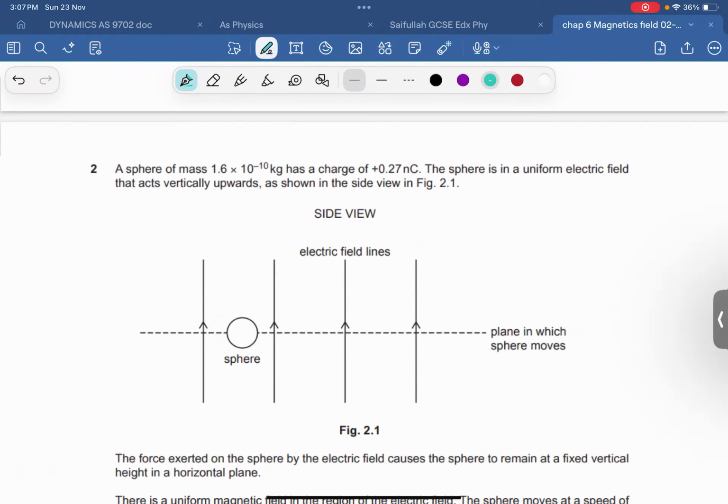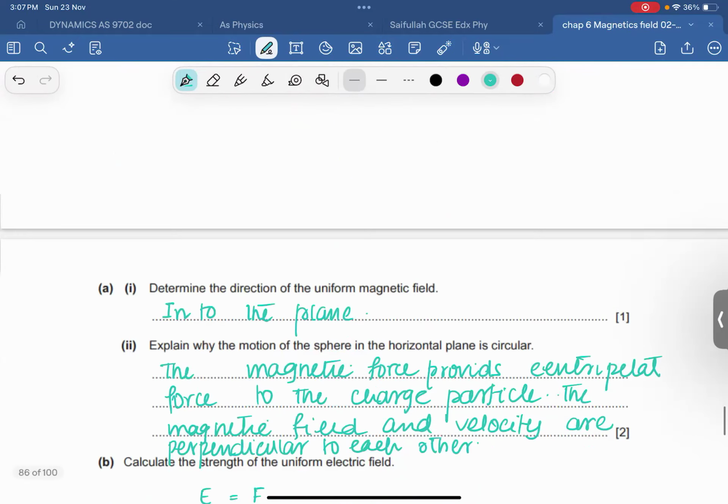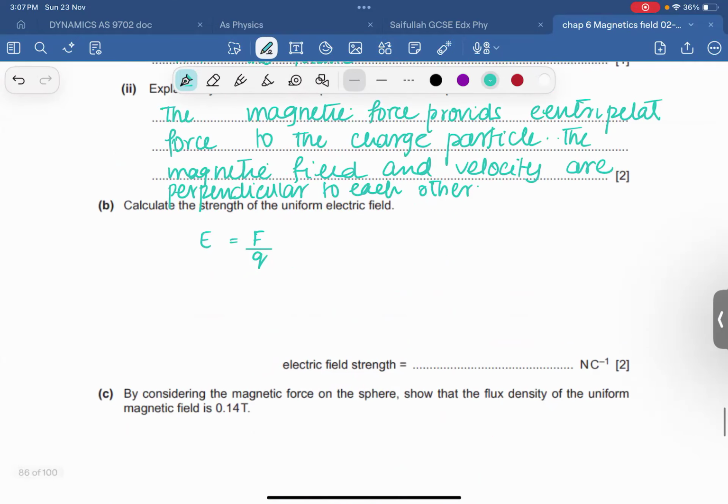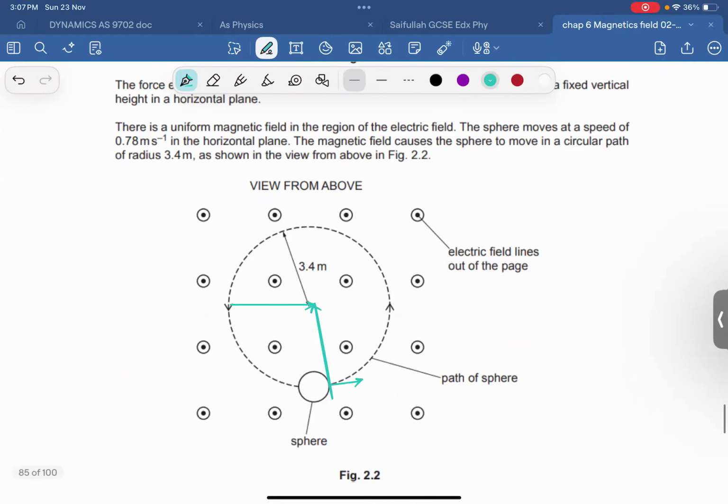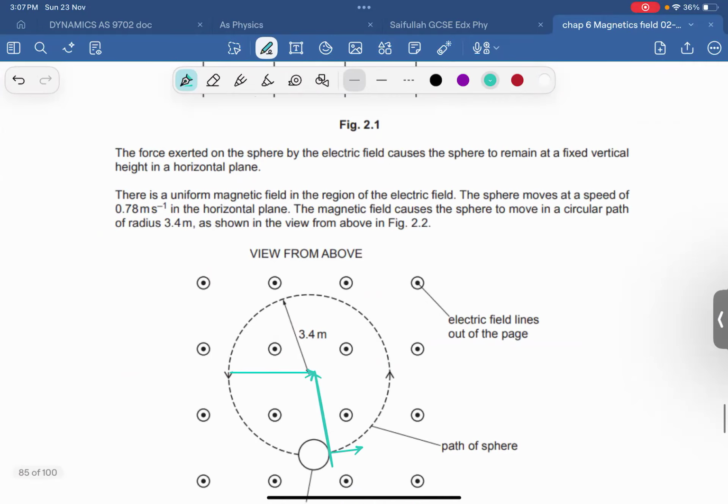We are given the mass and the charge. Do we have the acceleration or some sort of thing? We have the radius. We have the velocity as well.